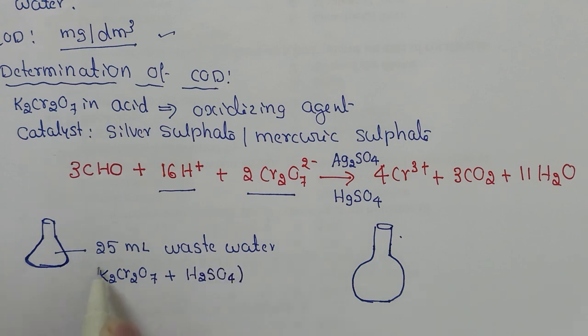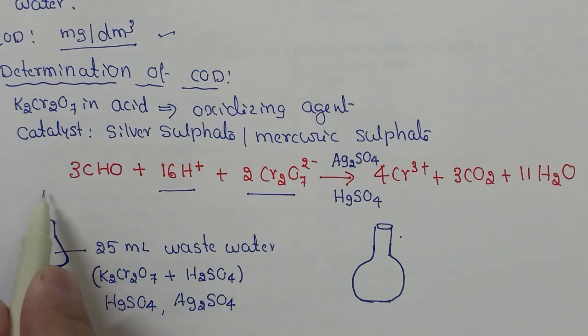Now we have acidified potassium dichromate and 25 ml of wastewater, then mercuric sulfate and silver sulfate Ag2SO4 as catalyst. Then we connect the reflux condenser.